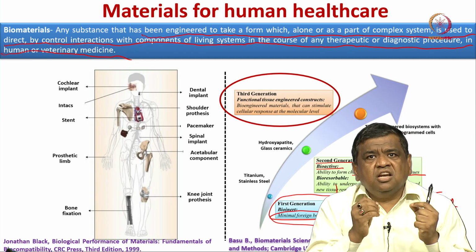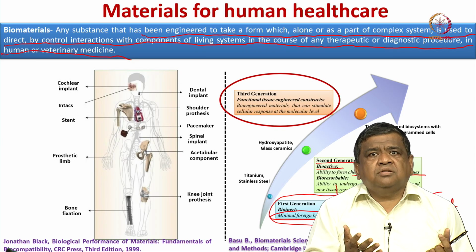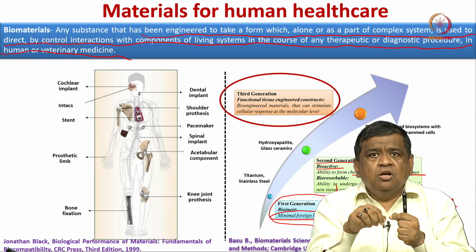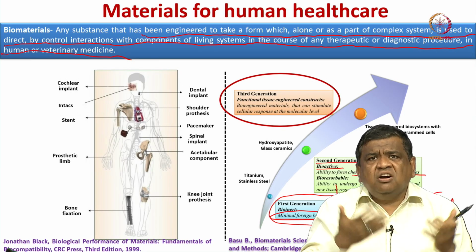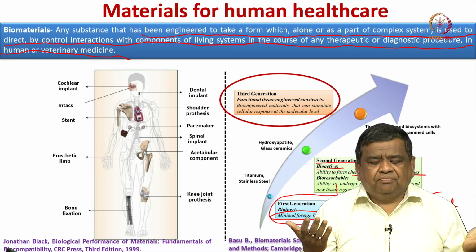So, any synthetic material which was originally not part of the organism, and has been placed inside that organism, there is a natural tendency that the material will not be accepted, it will be rejected by the system.